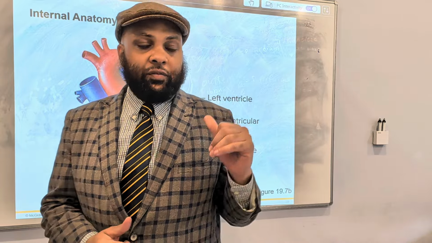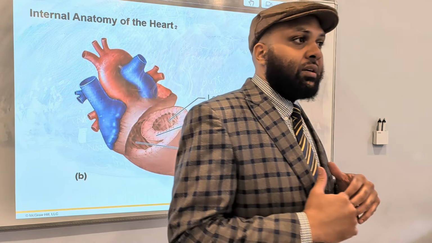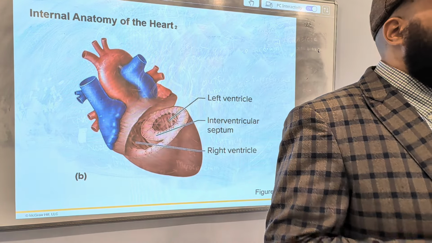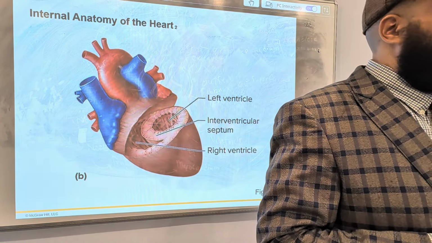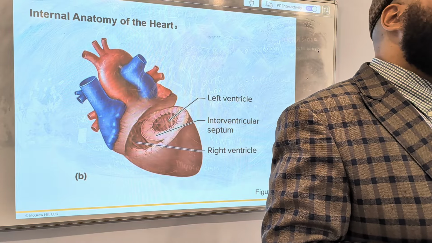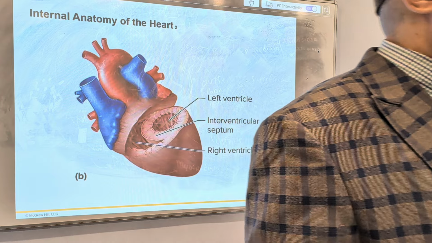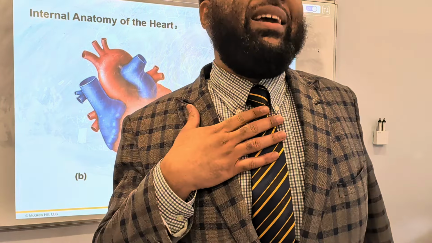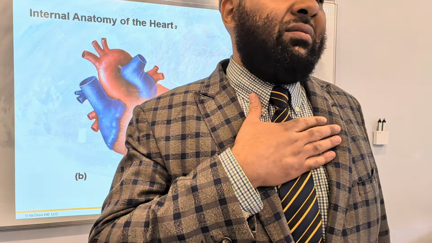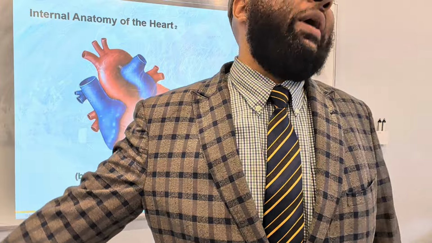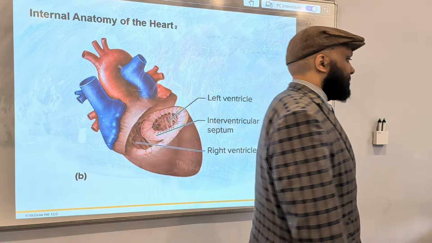Very good. The ventricles are not equal either. The left ventricle is much bigger than the right ventricle. Why is that? Because it pumps to the system. The right ventricle pumps nearby to the lung. The left flows all the way out to the system.